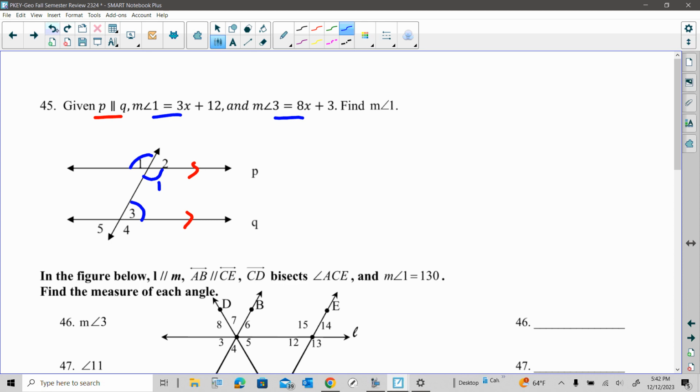And when I do that, I have same side interior. So you have to use same side interior, angle 1 plus angle 3 being supplementary. They equal 180. Then you can set up and find your measure of angle 1. Find your x first, and then plug it back in. The measure of angle 1 equals 52.